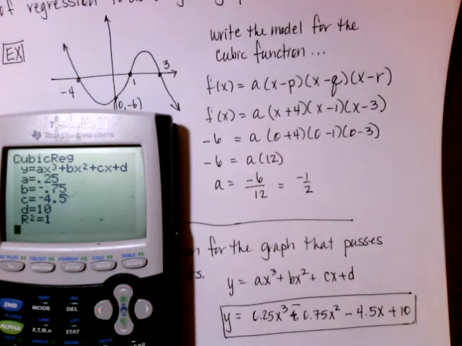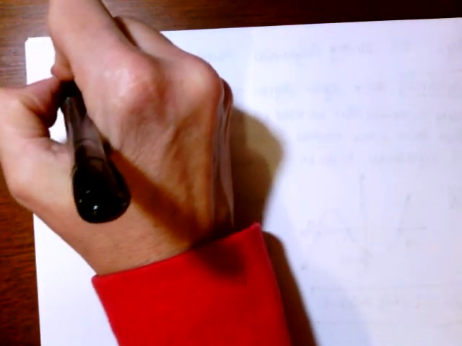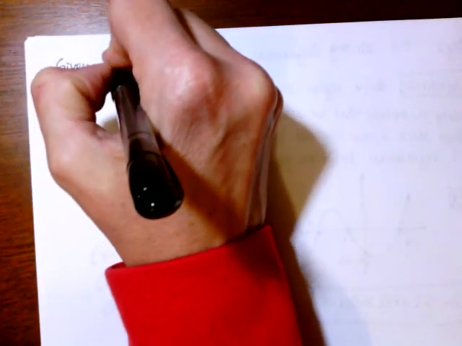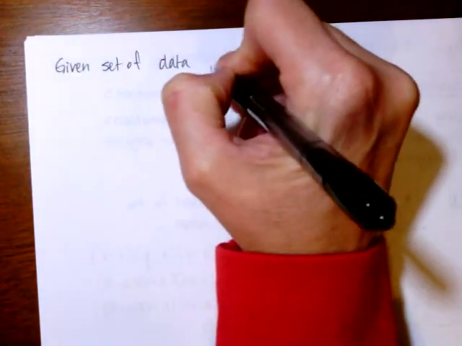All right, so now as we move on to the next problem, what if the situation changes a little bit? What if I'm given a set of data, but I don't know the degree?